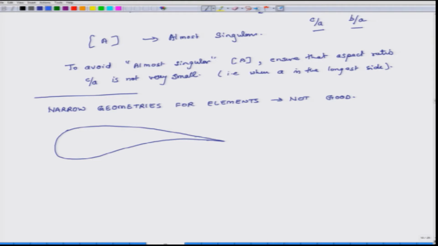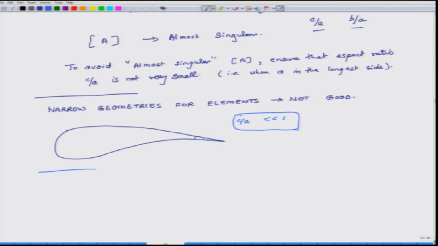You can discretize it. This could be one element. In this case, C by A will be very small. Then how do you avoid this problem? You avoid this problem by making smaller elements, so that your A becomes small, then C by A automatically starts becoming reasonable. So, this is important to understand, because sometimes you may have to take very narrow geometries, but when we are talking about narrow geometries, we are talking in context of this ratio. So, it is the ratio which is important. Okay.